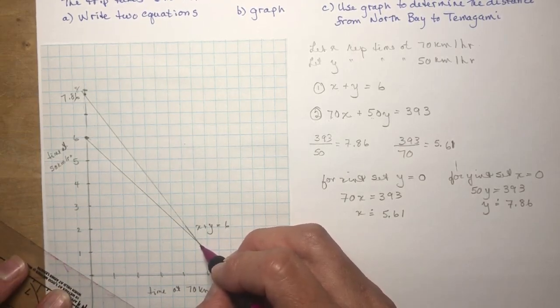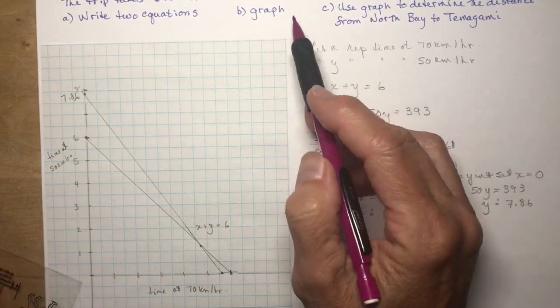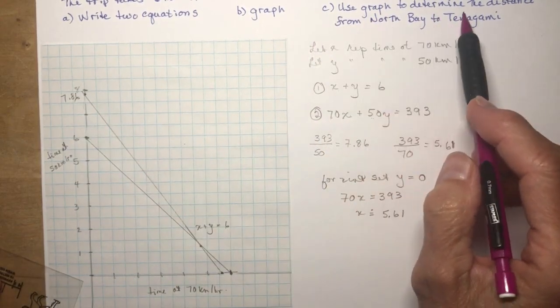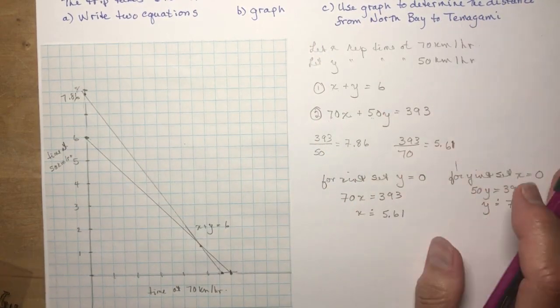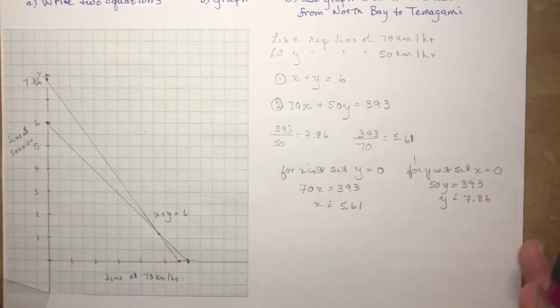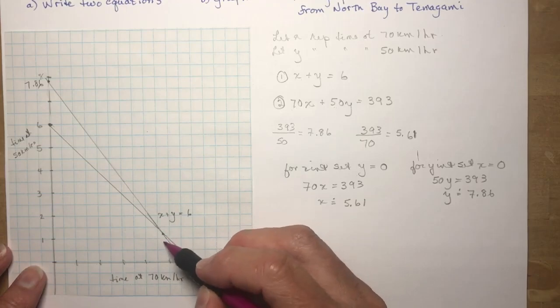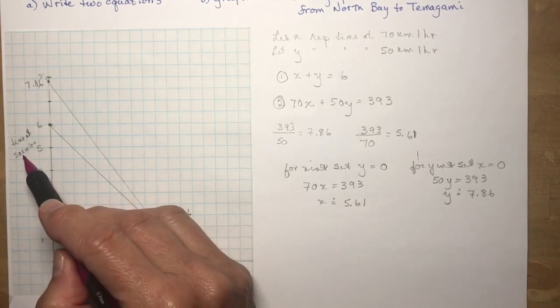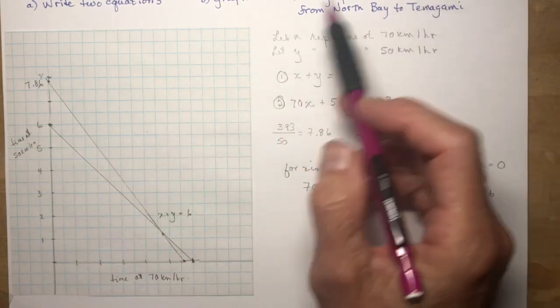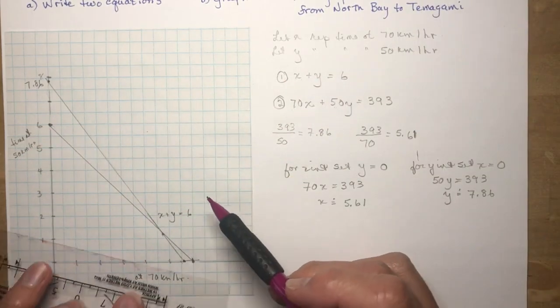So it's about here. And it says, so we graphed it. Now it says use a graph to determine the distance from North Bay to Temagami. Well, we can try to figure out how many hours it was. So this is at 50 kilometers will be my North Bay to Temagami. So I want to read the y coordinate.